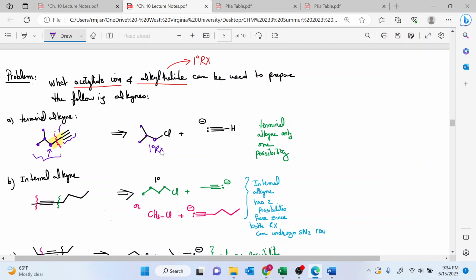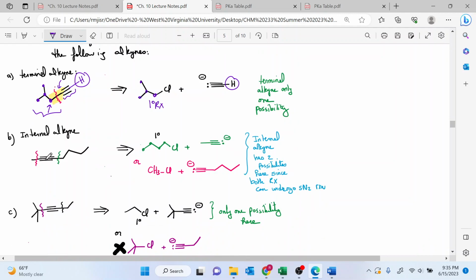And this carbon over here is going to be my nucleophile because it's this carbon that is attacking the partial positive charge and kicking out the bromine in order to make this triple bond. So this one is going to be now my alkyne, and my alkyne is terminal because the alkyne has a hydrogen, and this is the hydrogen. So this is one possibility here because my alkyne is terminal.